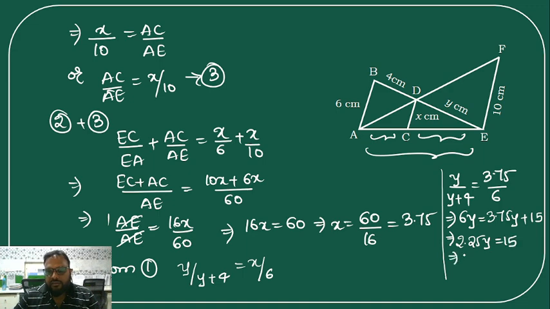So y equals 15 by 2.25, which is something like 6.6, so you can leave it as 6.67. Therefore, x value is 3.75 and y value is 6.67.